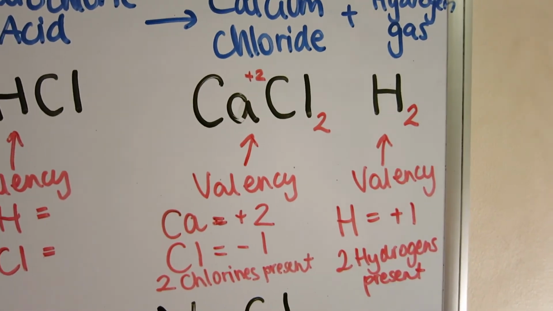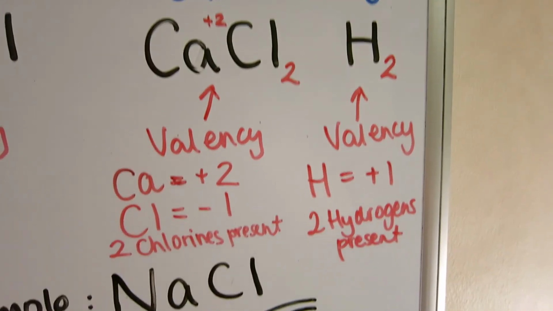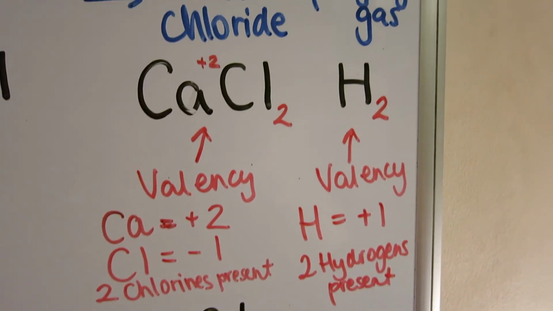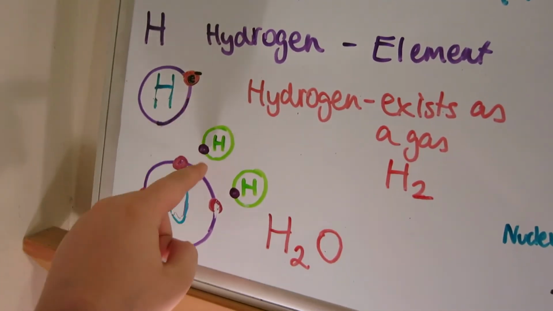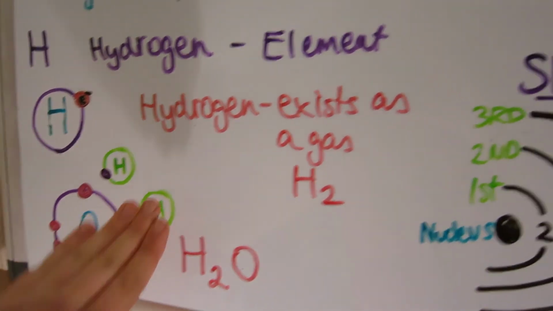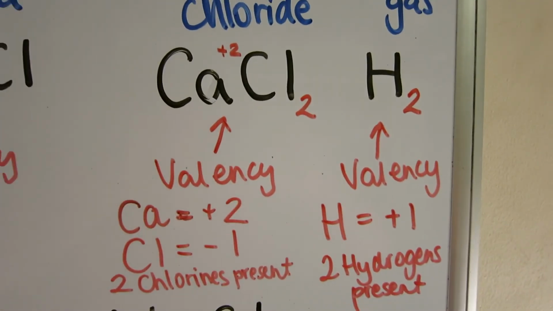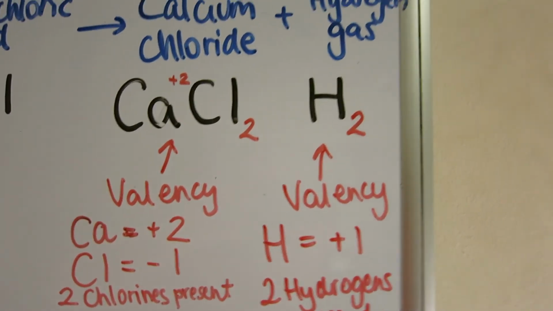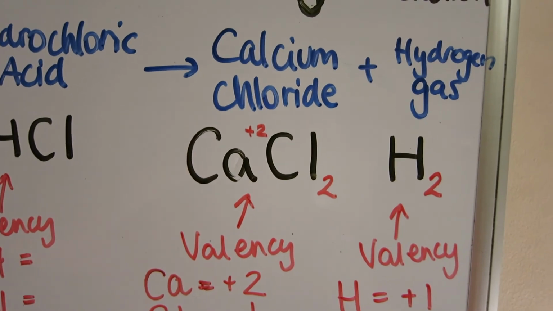What else did we have to look at on here? We've got our hydrogen as well. Remember, valency of +1, and we've got 2 hydrogens present because remember, they are sharing two of these electrons together to make hydrogen gas. So we've actually now got a case where we've started to balance it.